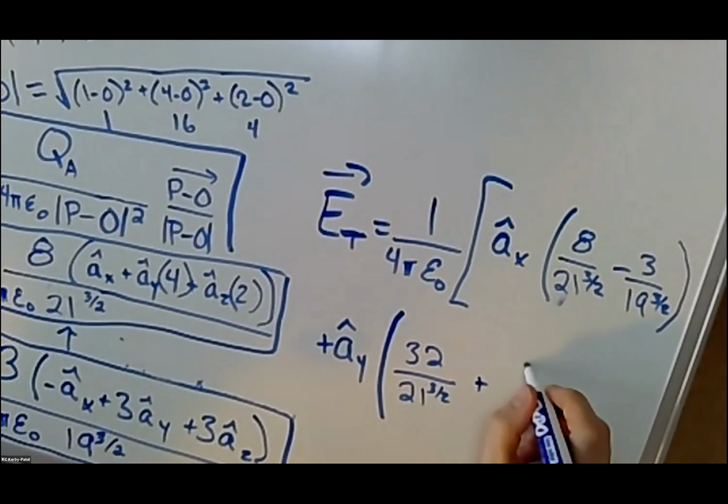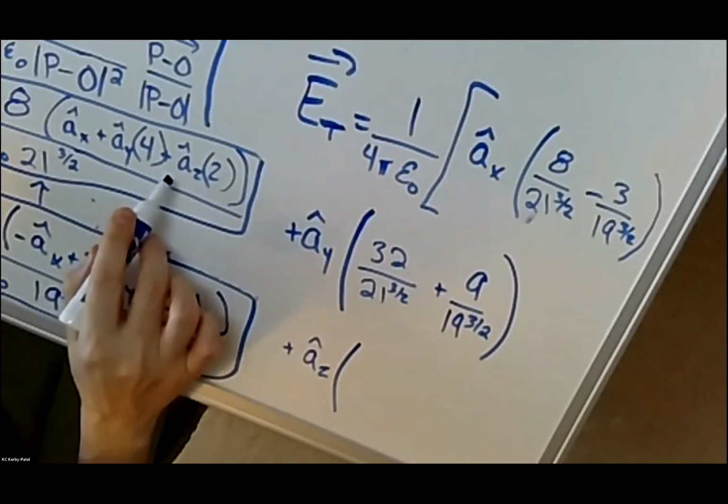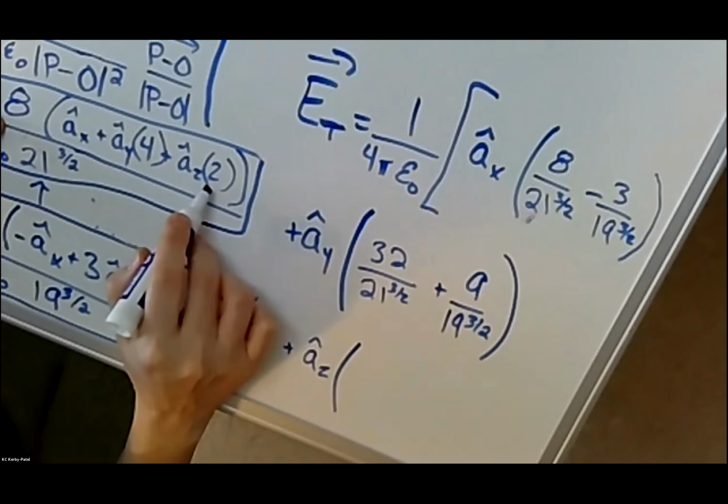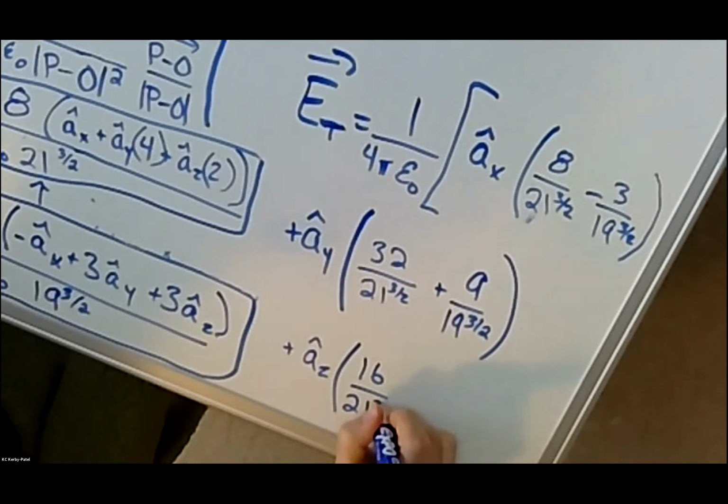So we've got to add those together, 9 over 19 to the 3 halves for the y component. And then the z component, which I just barely have room for down here at the bottom, is plus a hat z, 2 times 8 right here is 16. So 16 divided by 21 to the 3 halves plus 3 times 3 is 9, 9 over 19 to the 3 halves.